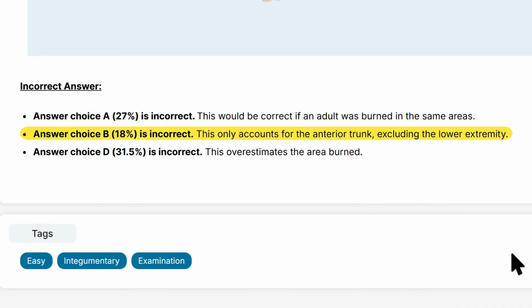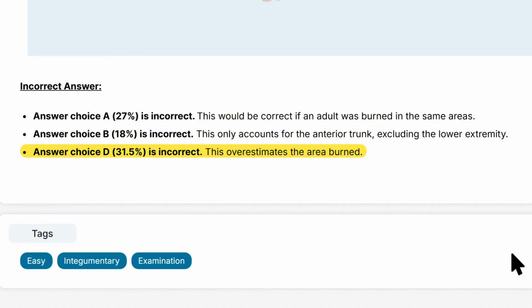Answer choice B, 18%, is incorrect because that only accounts for the anterior trunk and not the right lower extremity. And answer choice D, 31.5%, is incorrect because that overestimates the percentage burned. If this person had burns along the anterior and posterior aspect of the right lower extremity and the anterior trunk, then that would be about 32%.